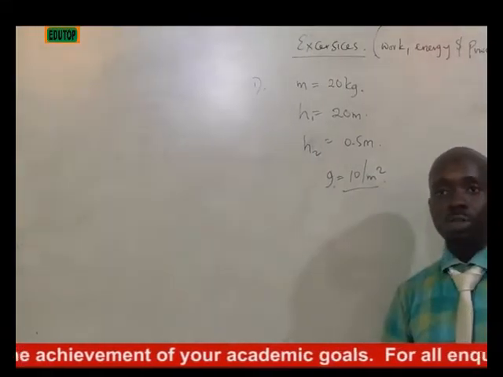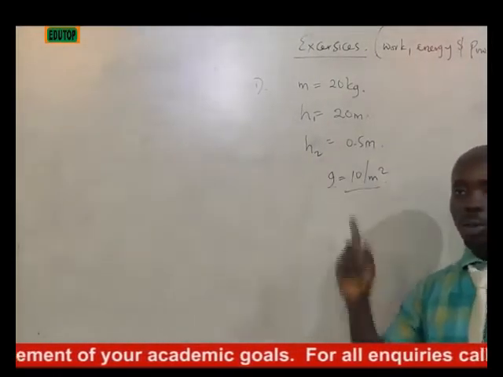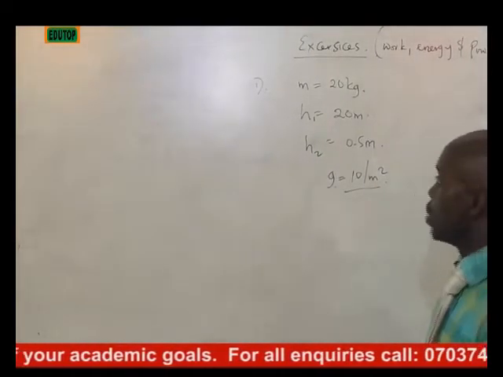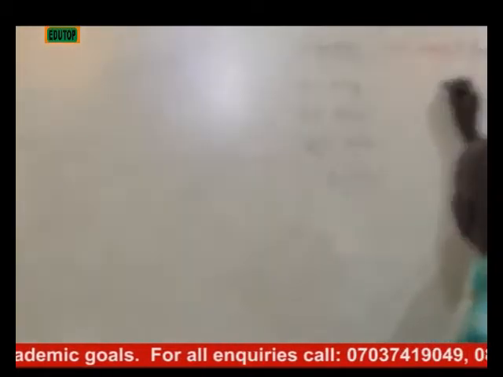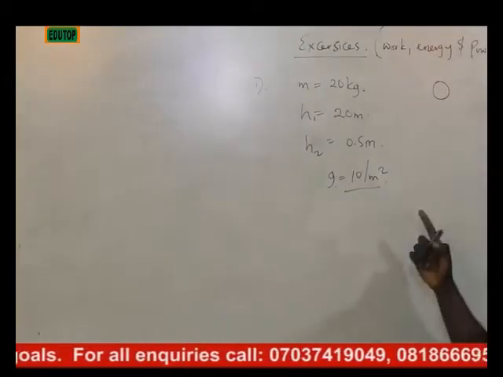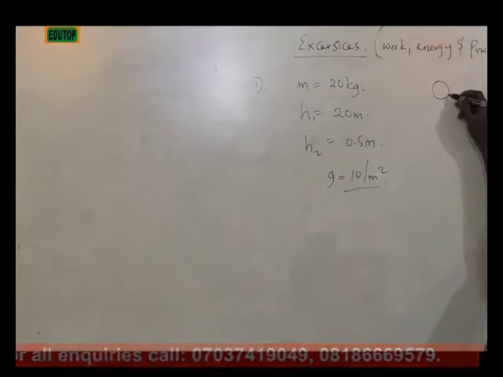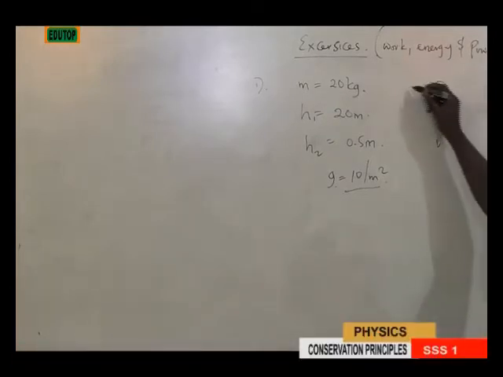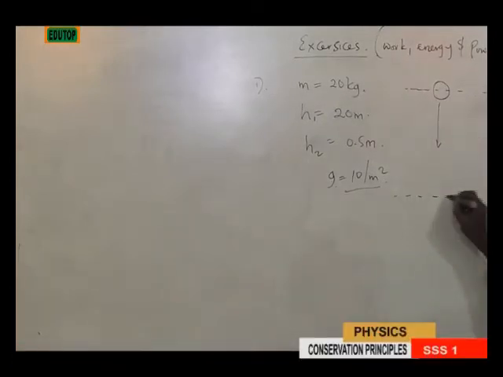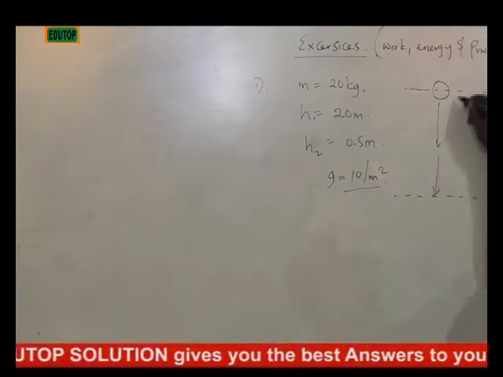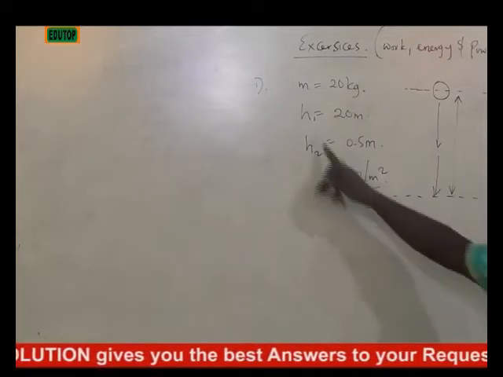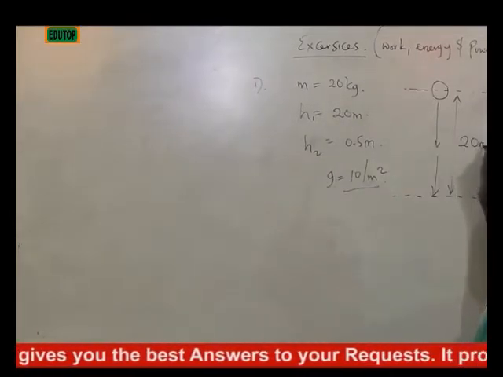Yeah, you really need to analyze this particular question. It's very technical. You draw some diagram to explain it. Now, this body falls. So it fell from this height, and while falling, it covered this particular distance. That's your first H, which is 20 meters.